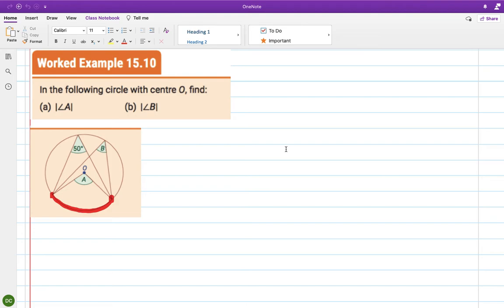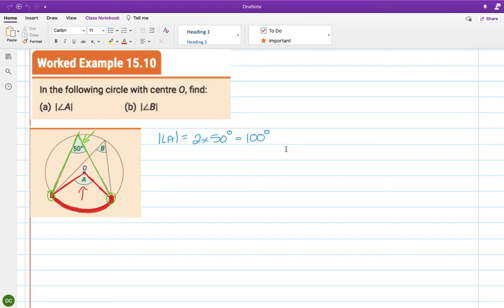Angle A is the one that stops at the center. There it is there. But I have another angle standing on the same arc. There it is there. But that continues to the circumference. They have told us that that is 50. We know that this has to be twice that. So angle A is 2 times 50, which is 100.